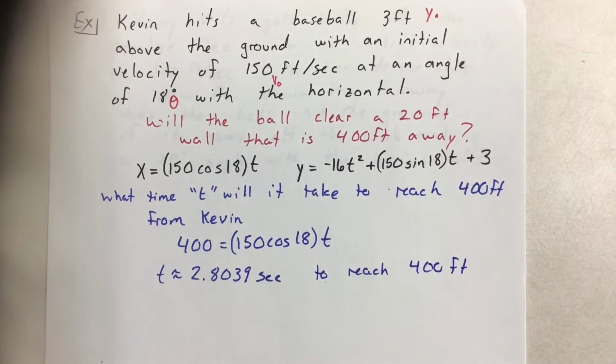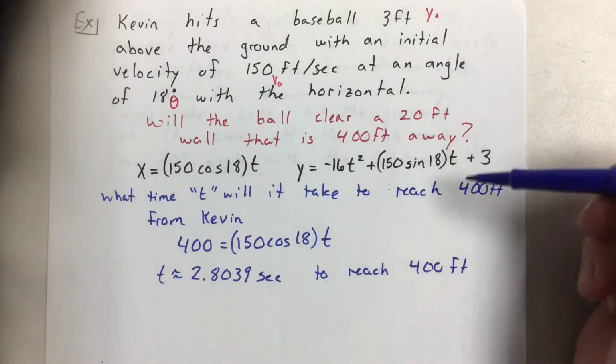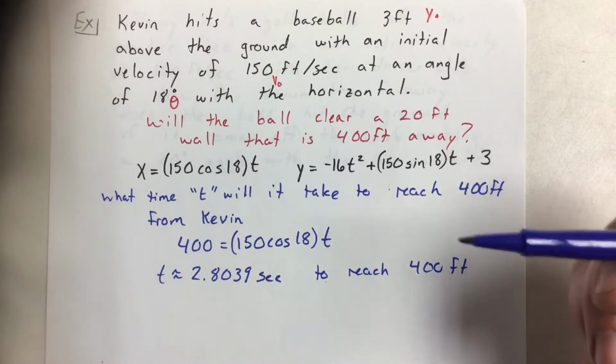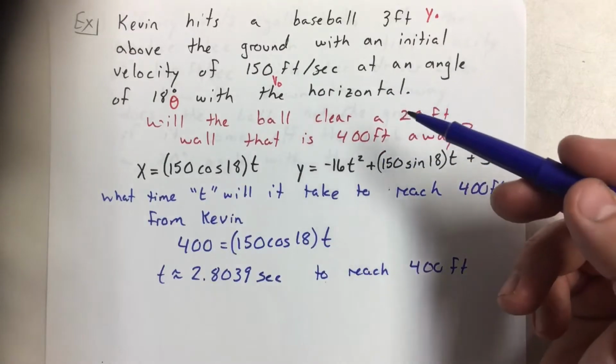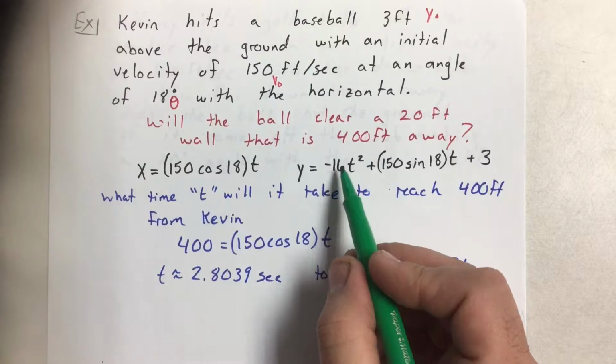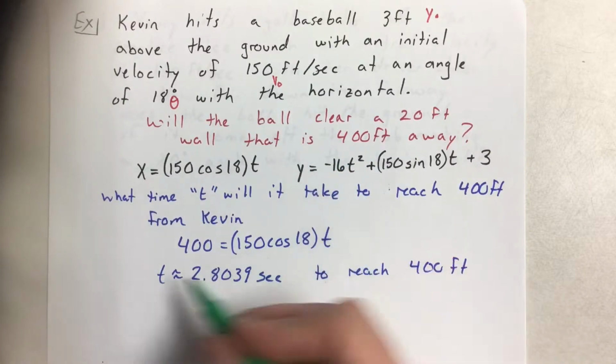Now, that's good for us. We used one equation to get the time. Now, with this time, we will find out whether at 2.8039 seconds we are above 20 feet. Because if we are above 20 feet at this time, then it's going to clear the wall. So let's write this down.